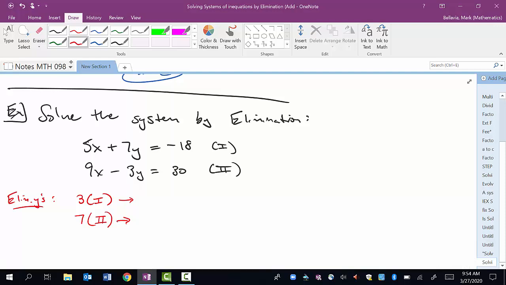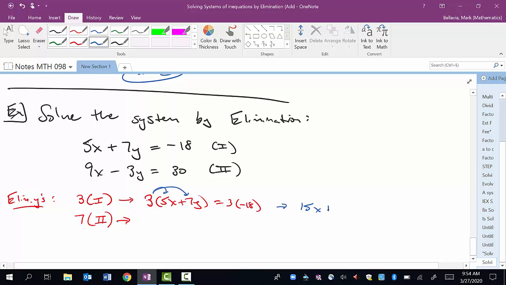But all right, let's take a look at what happens when you distribute this through. So we're going to do 3 times 5x plus 7y equals 3 times negative 18. And distributing that through there, you end up with 15x. 3 times 7y gives us a positive 21y. And it's equal to 3 times negative 18, which is negative 54.